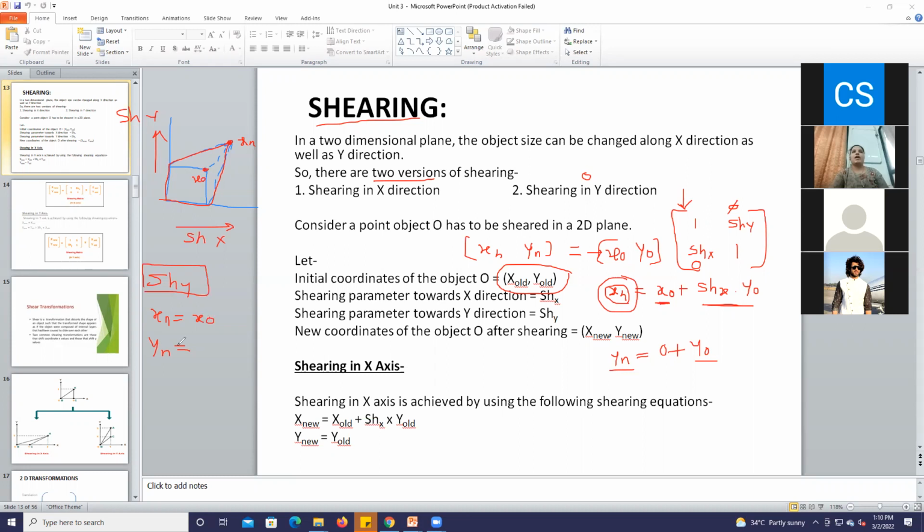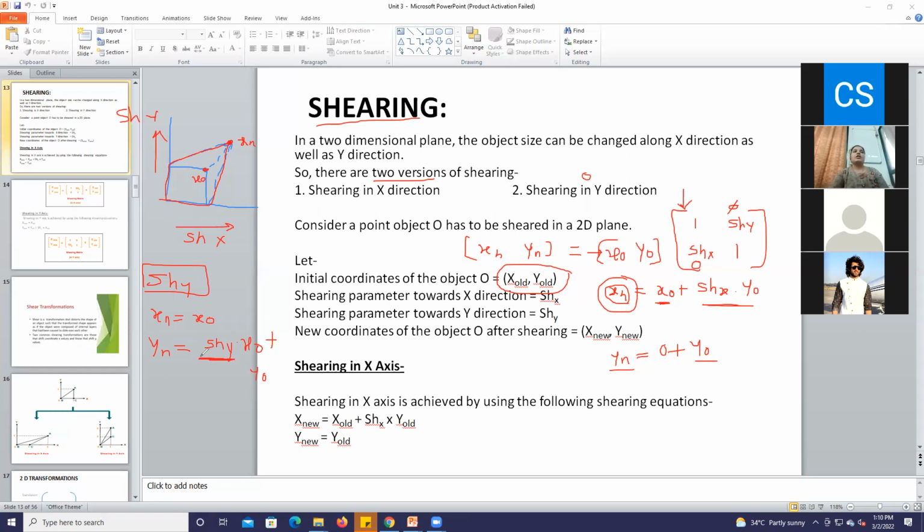So yn is shear along y into x0 plus y0, right? So y0 is as it is, and we are adding some value which is in terms of shear along y.